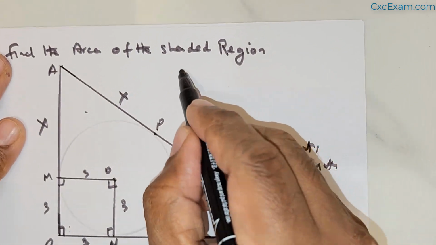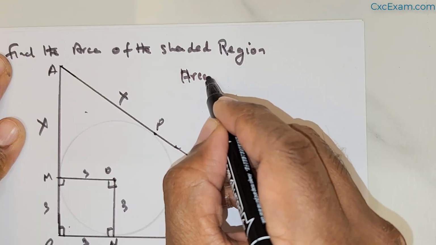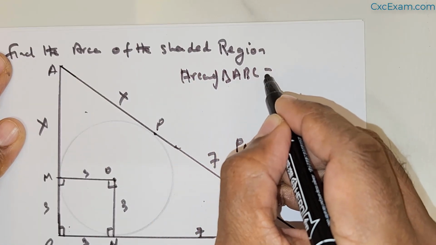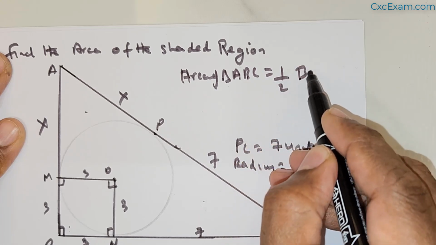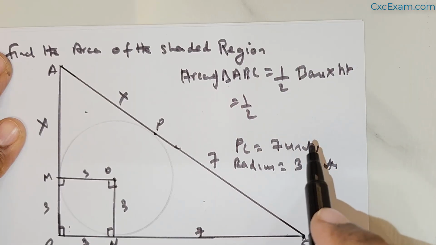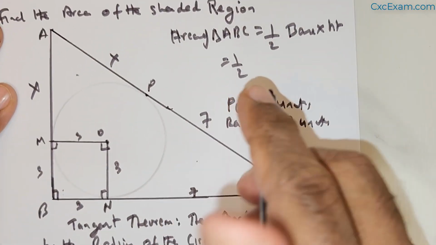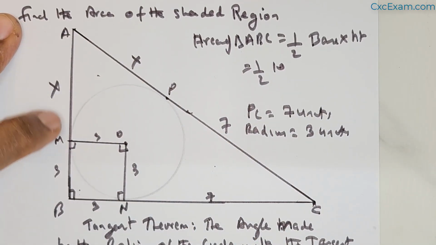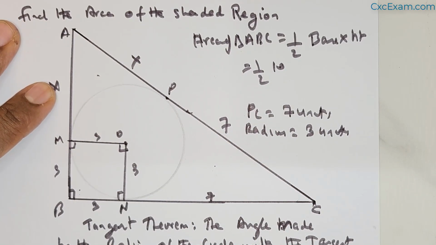So therefore the area of triangle ABC is half times base into height. So half times base is 10 units. Height is x plus 3, right?